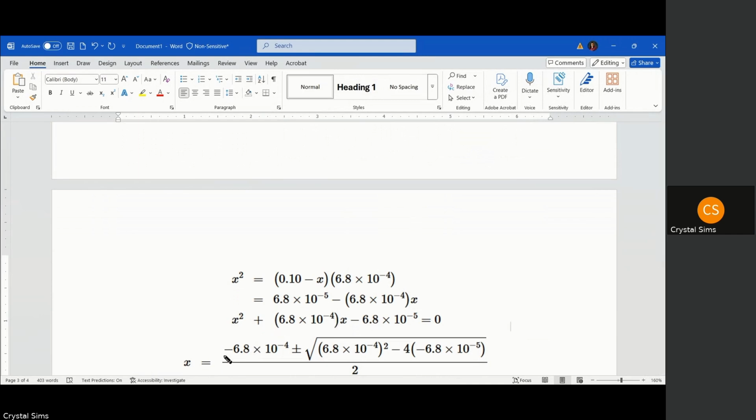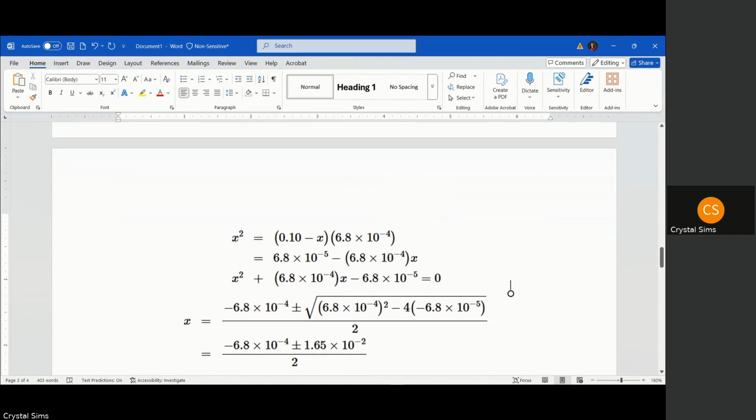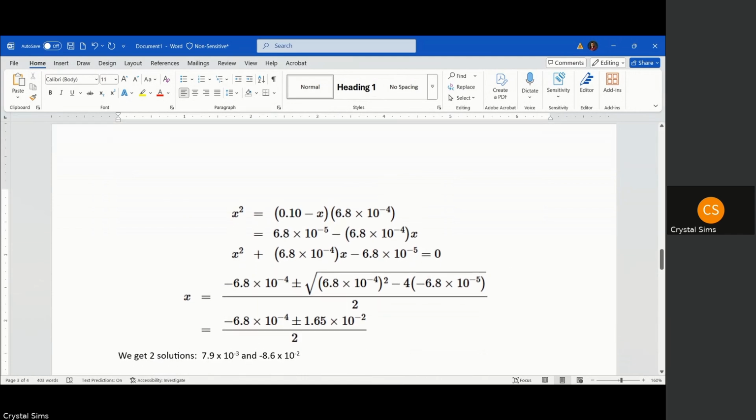So I have negative b plus or minus the square root of b squared minus 4 times a times c. Well, a is 1, so we don't have to put that in there. And that whole quantity is over 2 times a. Again, a is 1, so it'll just be over 2. So we will run through the gamut here and solve it.